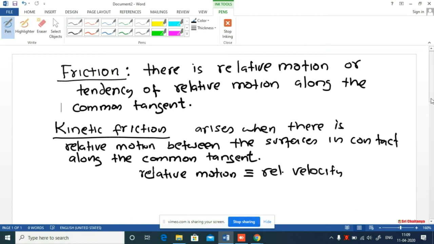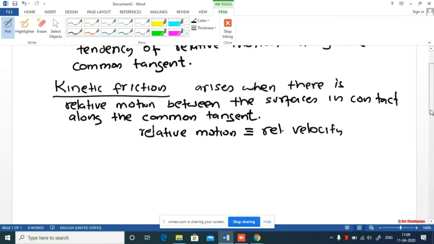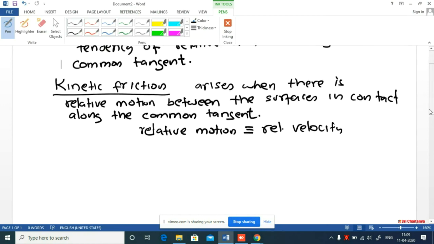Now if there is relative velocity, there would be relative motion. Obviously it will lead to relative displacement over a finite interval of time, but it need not be equivalent to relative acceleration. So we can't say that if the relative acceleration between two surfaces is zero, then there is no relative motion between them. Or if the relative acceleration between two surfaces is non-zero, there is relative motion between them.